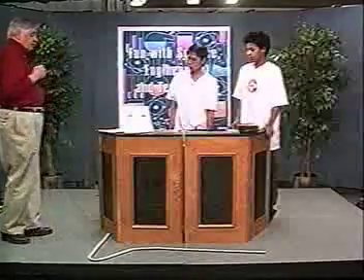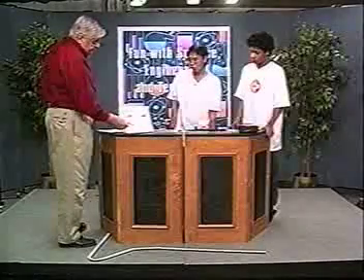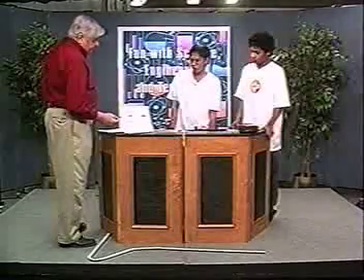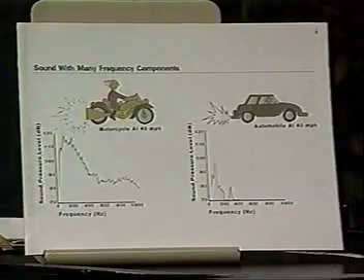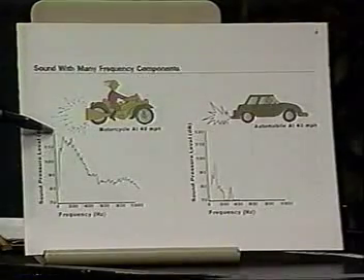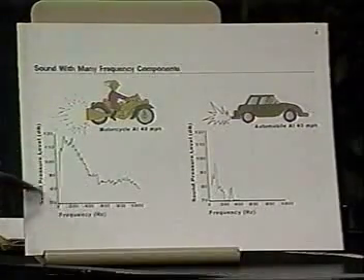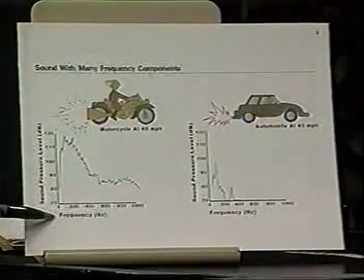As an example, we take a motorcycle, and this is the graph chart of the sound frequencies. On the vertical, we have the intensity, or the pressure levels, or the loudness. Along the horizontal line, we have the frequency in hertz.